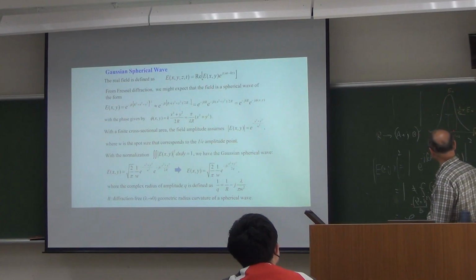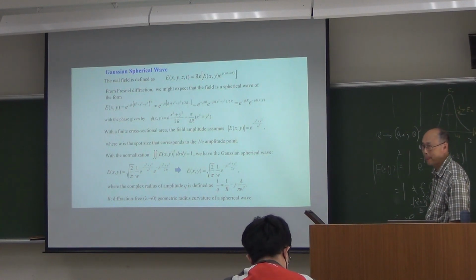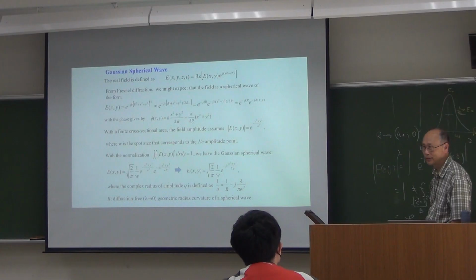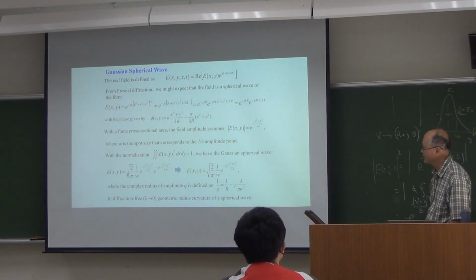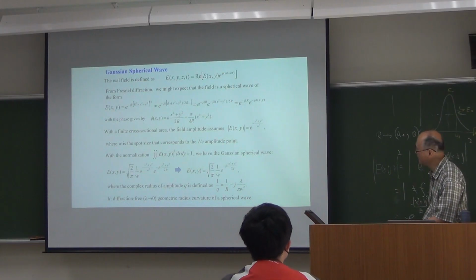It's the radius of the Gaussian laser beam at the 1 over E of the maximum electric field location. All right. So this is sort of a stretch from Fourier diffraction to a Gaussian laser beam. But later I'm going to give you a different approach to derive it. Okay. But this is given in your handout.